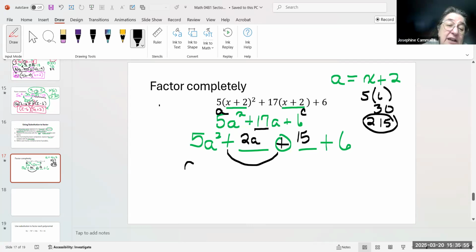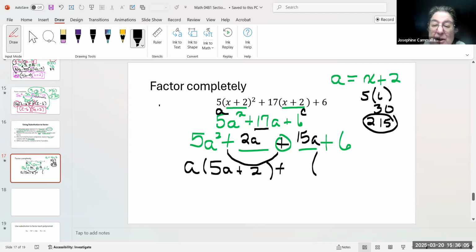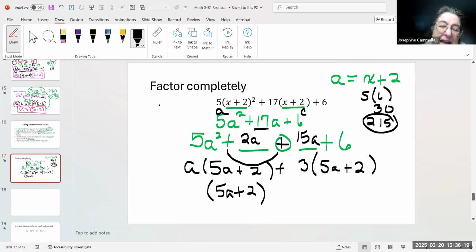Well, this is going to give me a 5a plus 2, plus, now remember, got to put an a here. I've got to have a 5a plus 2 here. That means this is a 3. Now this is where it comes in to 5a plus 2, and then I have a plus 3.